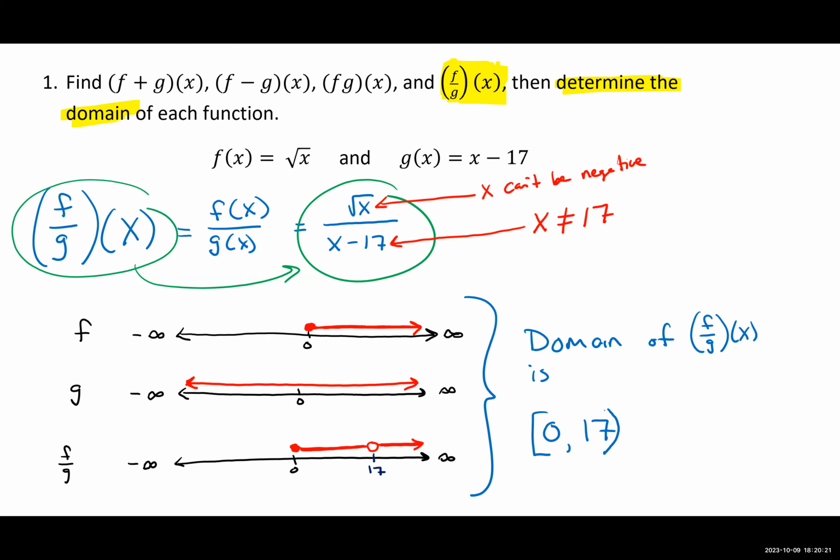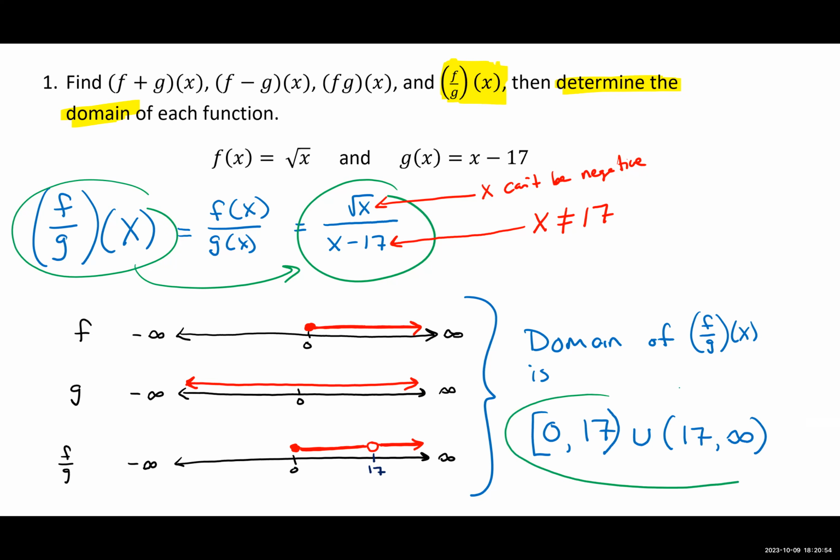The parenthesis is what we use for an open circle. The square bracket is what we use for a closed circle. And then union, that's like the word and. So all the numbers from 0 to 17, not including 17, and then all the numbers above 17 to infinity. Those curved parentheses on the number 17 tell us 17 is not included in the domain.